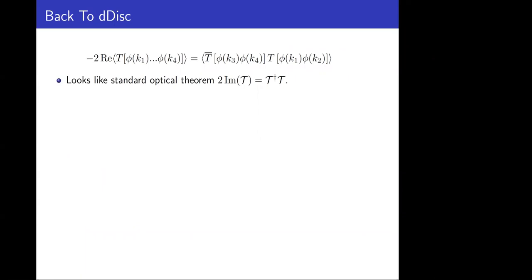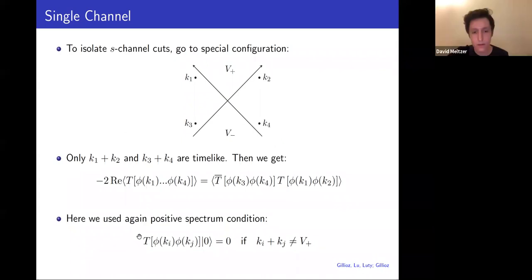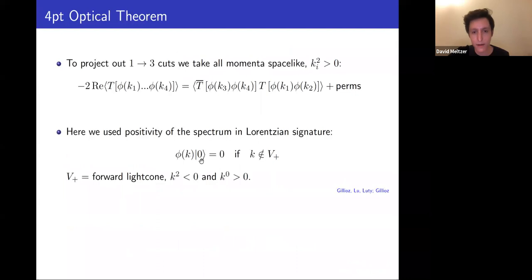Sorry, can you explain that? Why is that true? Maybe this last statement. I think the simplest argument is that in a correlation function I can insert a complete set of states, and they have positive energy. So by momentum conservation, this is only non-zero if their sum is in the forward light cone. Another argument is that I can imagine the Hamiltonian acting on my operator and commuting it past.